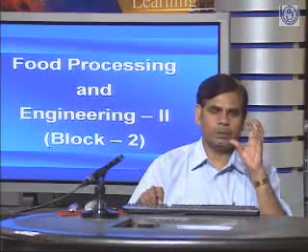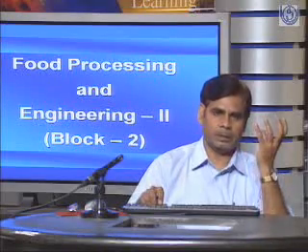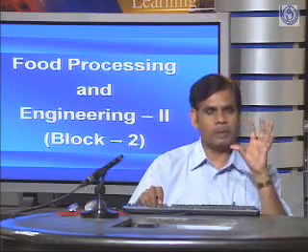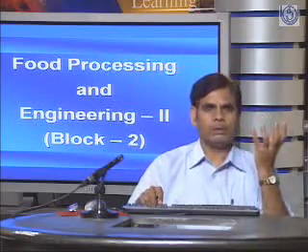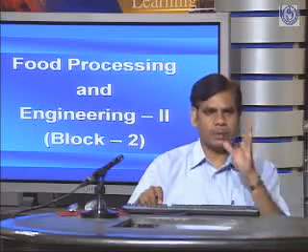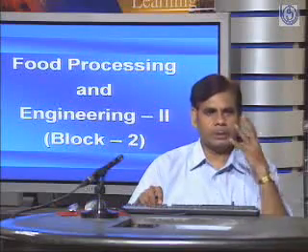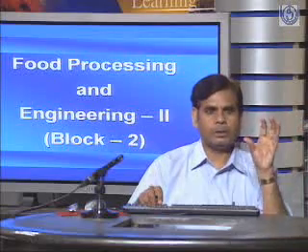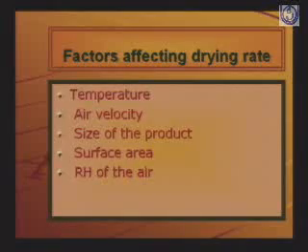Then size of the product. Size of the product is one of the best factors which affect the drying. For example, you might have seen that during drying, the product is divided into sub-pieces, because by cutting and peeling it is divided into pieces so that it dries faster. If product size is larger, then the rate of drying will be slower. If product size is smaller, the product dries very fast. For example, there are two main reasons.